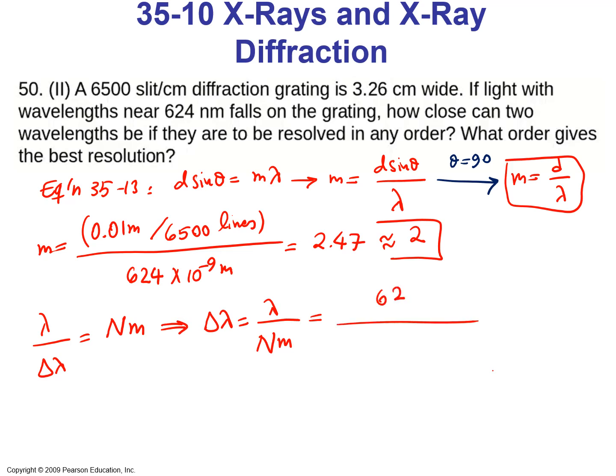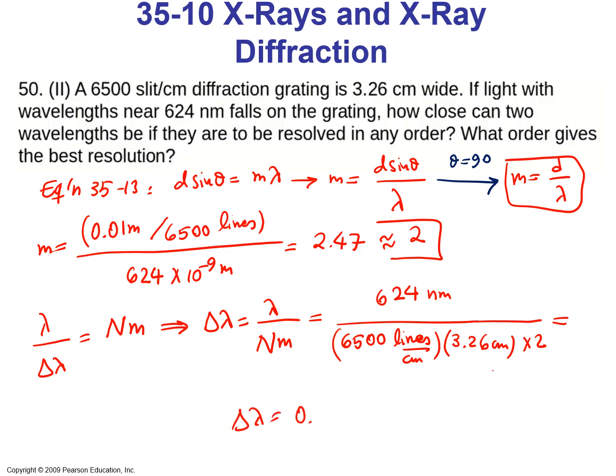Lambda is 624 nanometer, N is 6500 lines per centimeter, and we have 3.26 centimeter, and we have the second order, and that gives us delta lambda is equal to 0.015 nanometer.